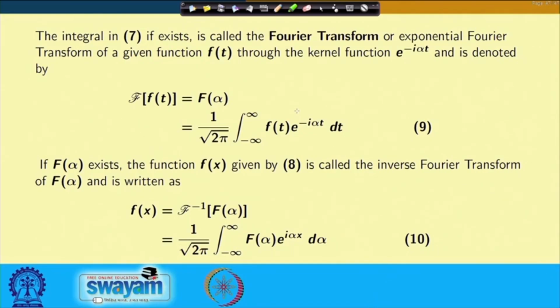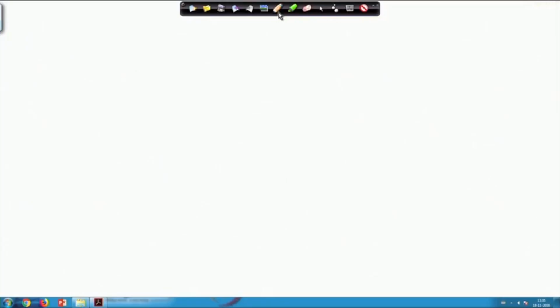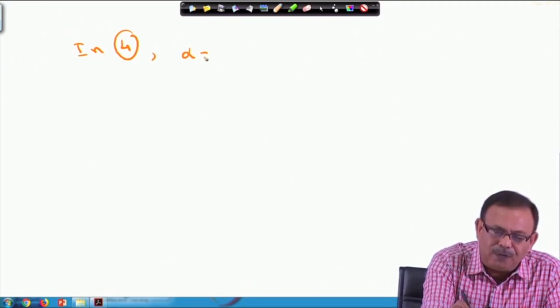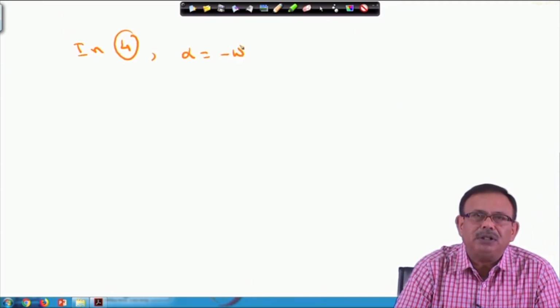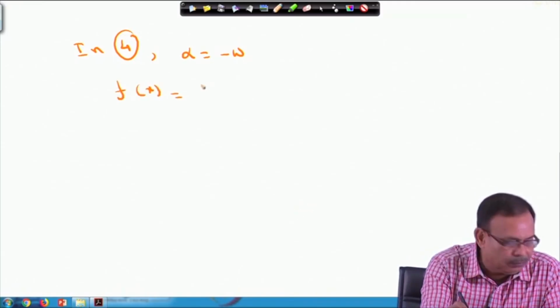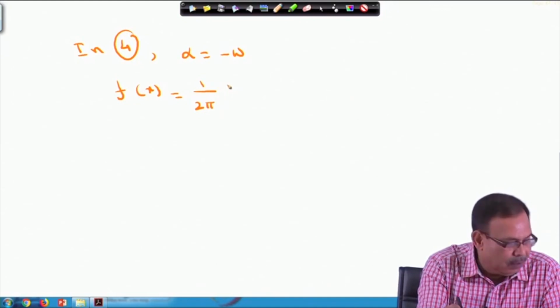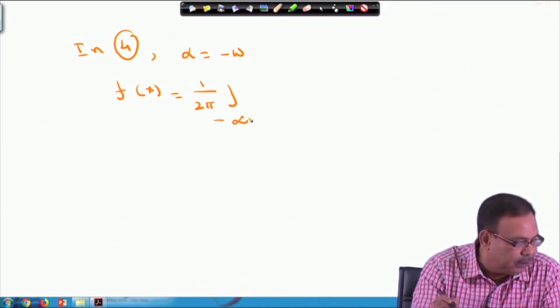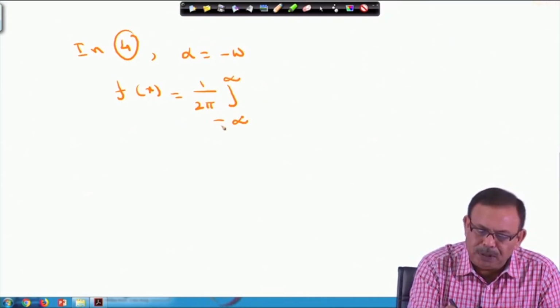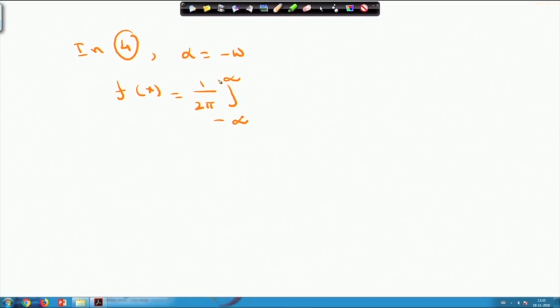In equation 4, if we put alpha equals minus omega, then f(x) will be equal to 1 by 2 pi, integral from minus infinity to infinity. This will actually be minus omega, so the limits will change here, from plus infinity to minus infinity.